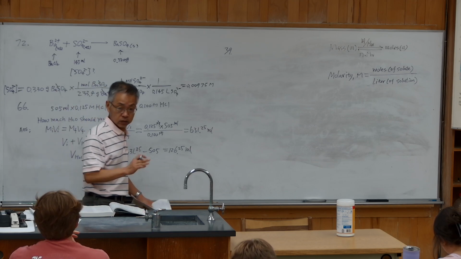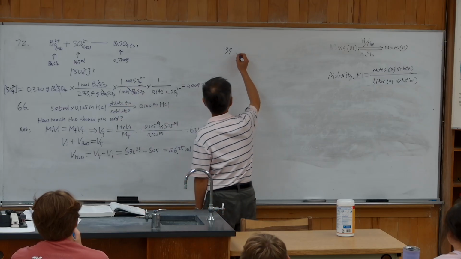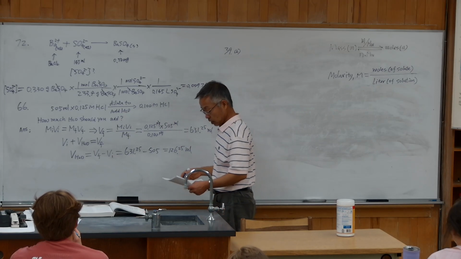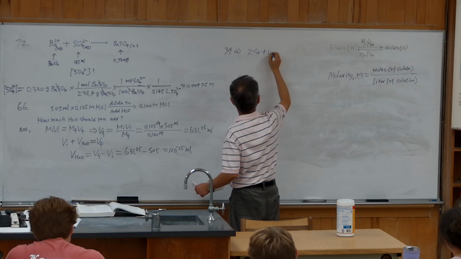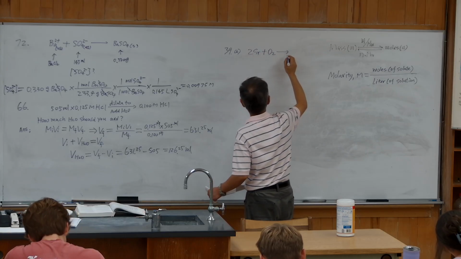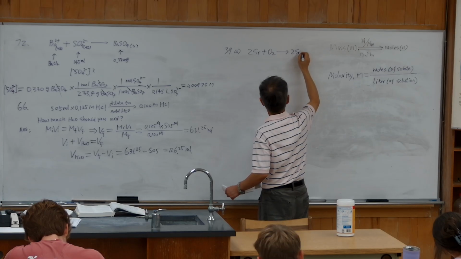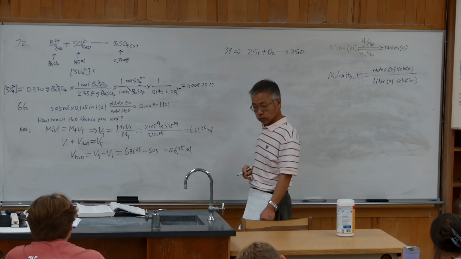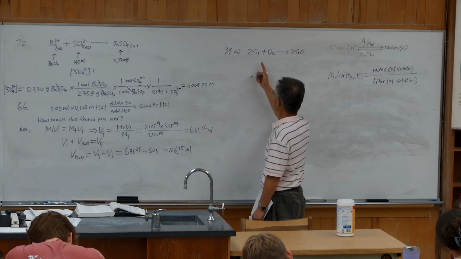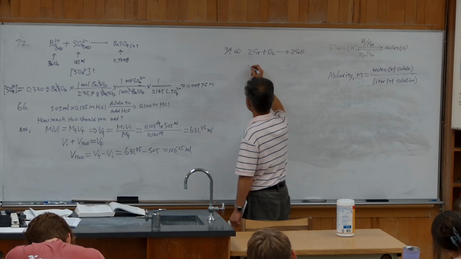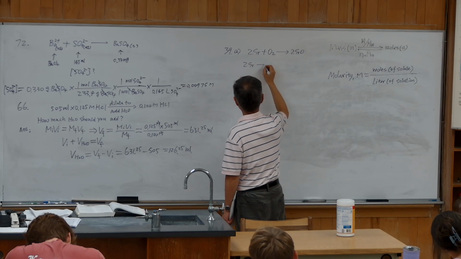Let's take a look at just one example, the rest are similar. A: Strontium reacts with oxygen gas to produce strontium oxide. Break it down into half reactions. We have two reactants, right? So each reactant will be a half reaction.